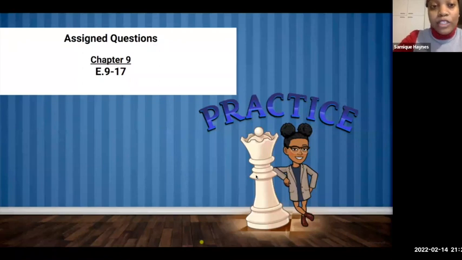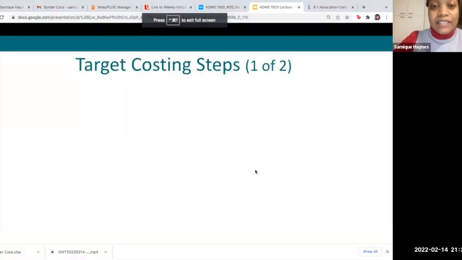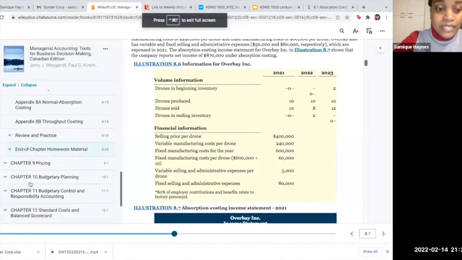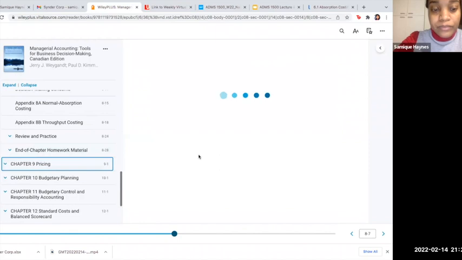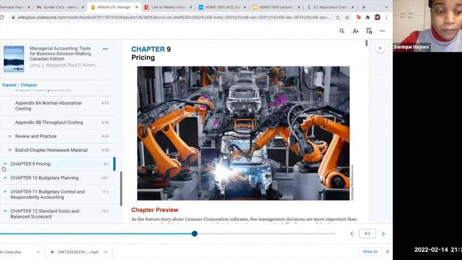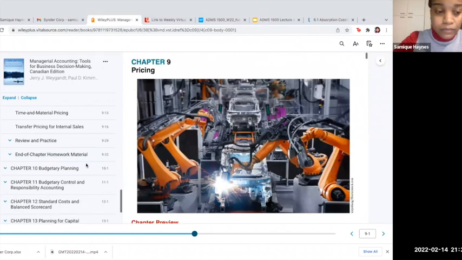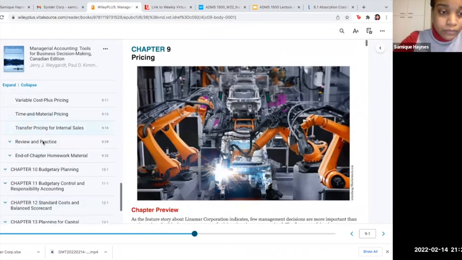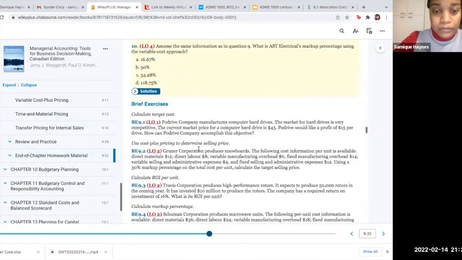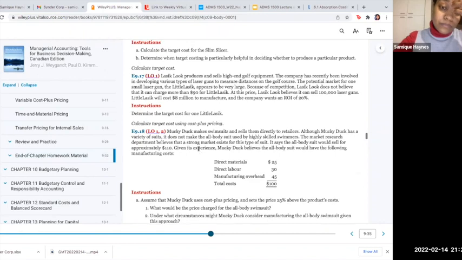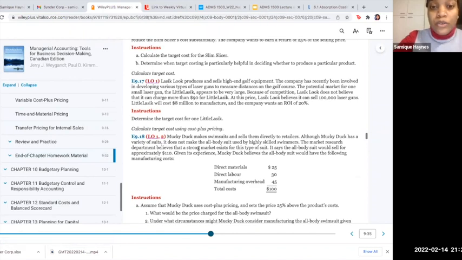So with that being said, can we jump into chapter 9, exercise 9-17? It's going to give us a really quick practice on target costing. Lassic Look produces and sells high-end golf equipment. The company has recently been developing various types of laser guns to measure distances on the golf course.